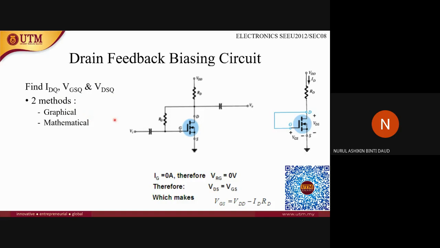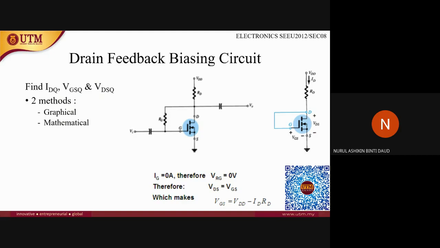First of all, in order to solve this kind of circuit, we need to remove the resistor RG and also the capacitor here. This is same as BJT.